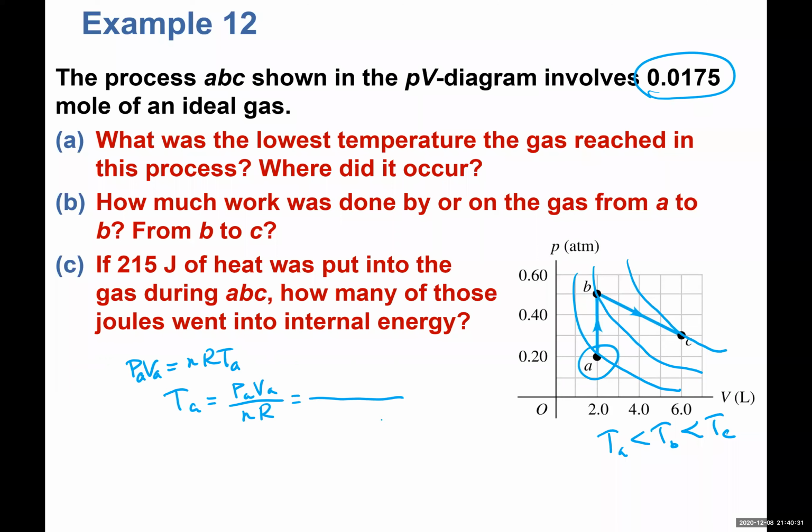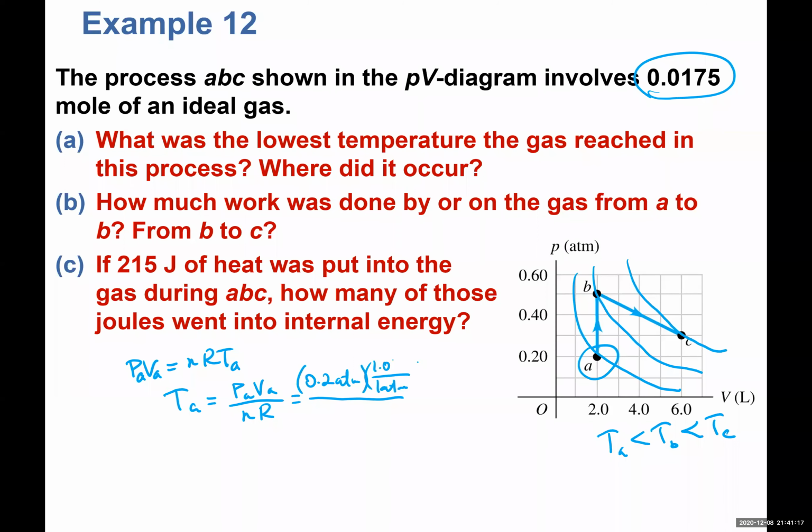All right. So pressure at A is 0.2 ATM, where 1 ATM is 1.013 times 10 to the 5 Pascal.